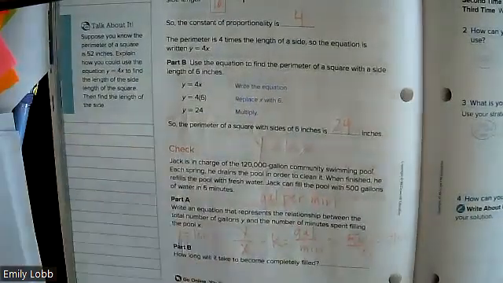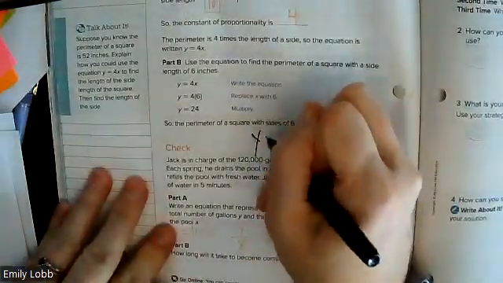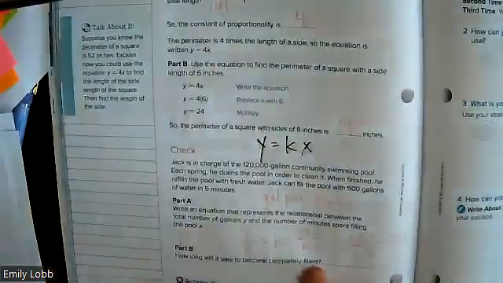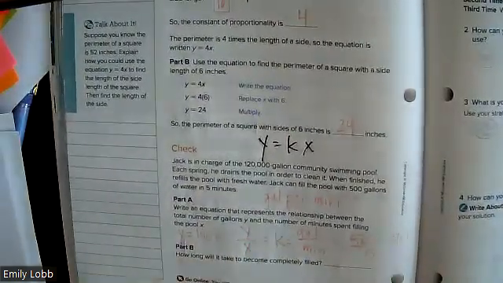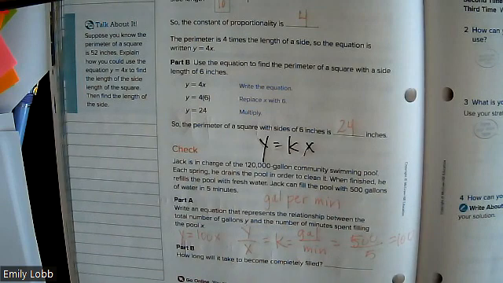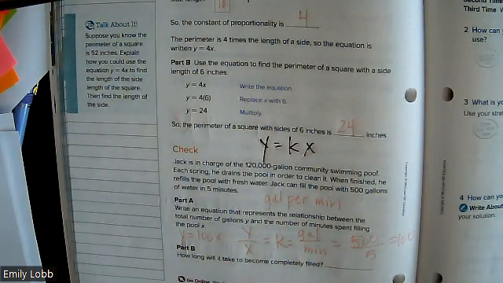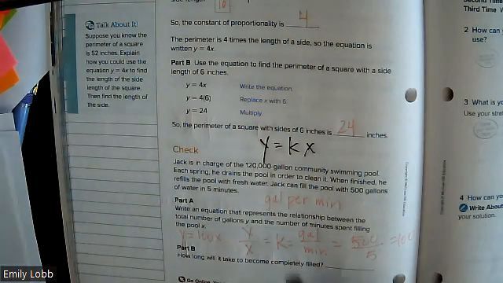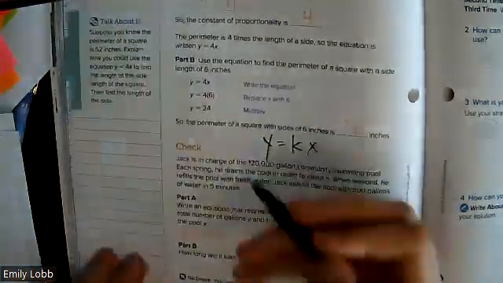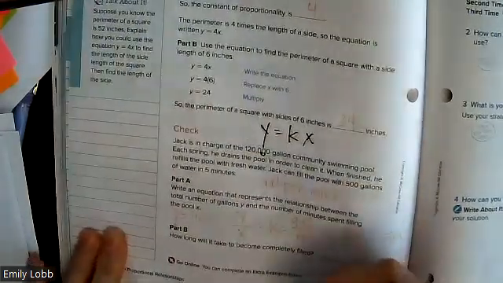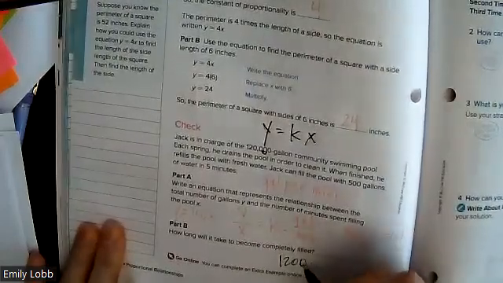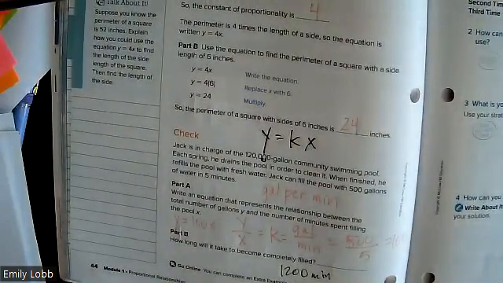Let me grab a better pen. Y equals kx. So once we find k, we can plug it in. How long will it take to become completely filled? An hour and 40 minutes? Right, we've got to divide this by 100, is that right? Oh, so 1200 minutes. Divide that by 60 to get hours if you want. Does that make sense?